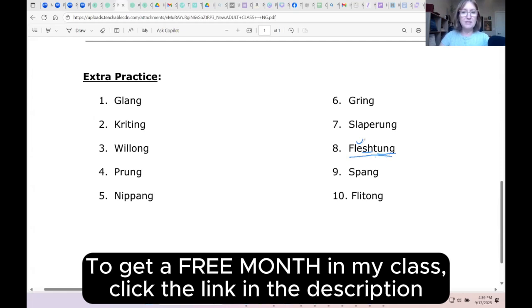Okay, so this E is going to say eh. UNG says ung. So we have f, l, eh, sh, t, ung. Flesh tongue. Flesh tongue. Sounds like it should be a real word.